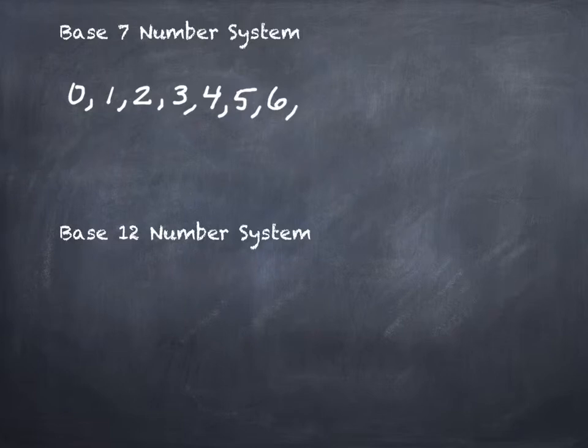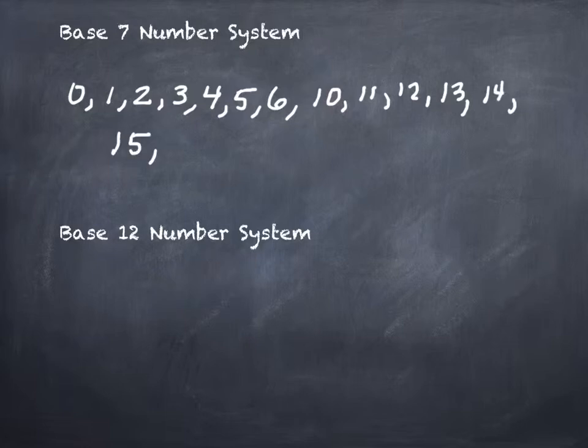What comes after a 6? A 1 and a 0. Yeah, I know it looks like a 10, but it's 1, 0. And then what will happen? 1, 1. 1, 6. And then 2, 0.